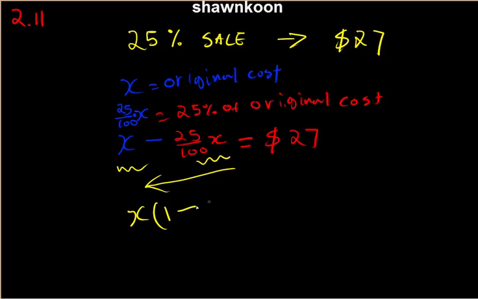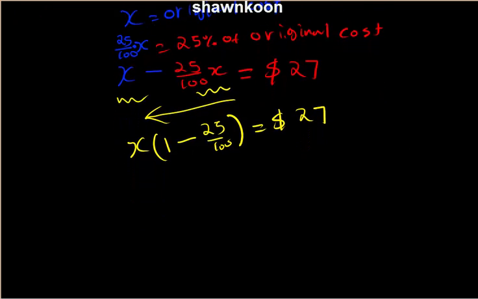There is never going to be a zero, because x times 1 is what? x, right? I'm just going backward. So if I pull out this x, there will be a 25 over 100 left over, right? Equals $27.